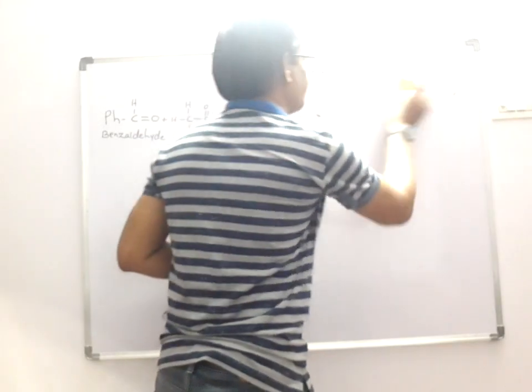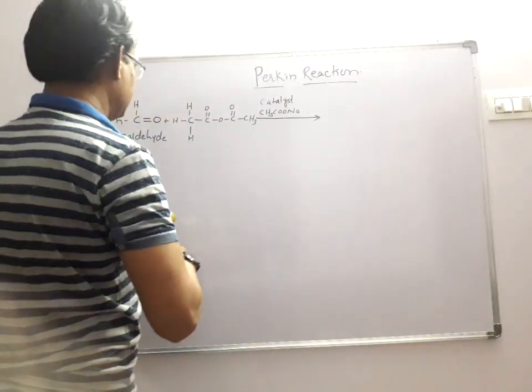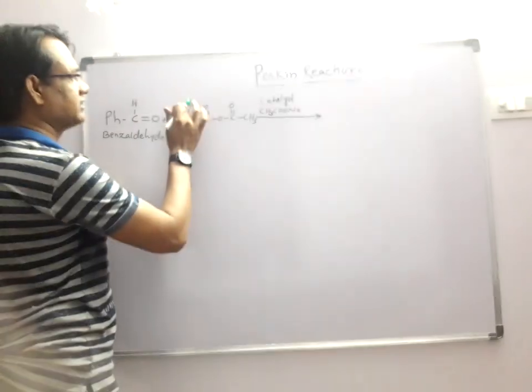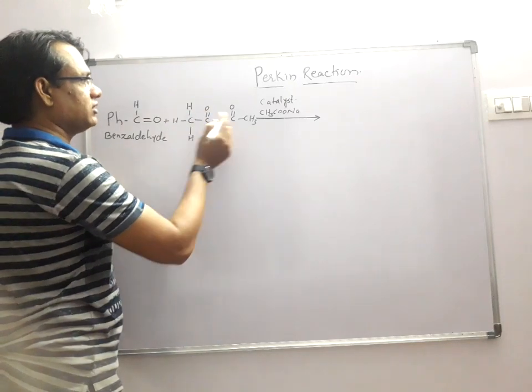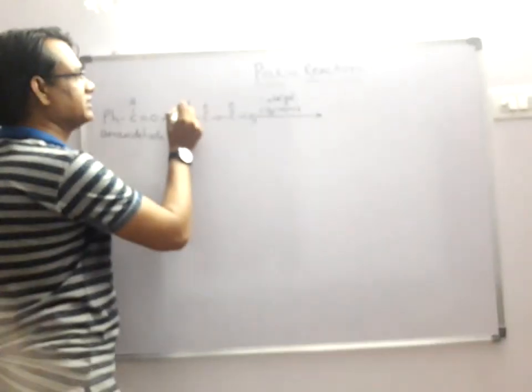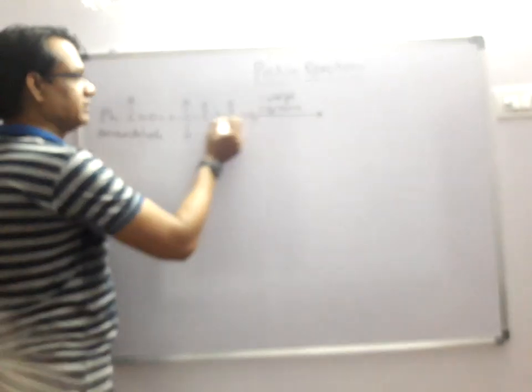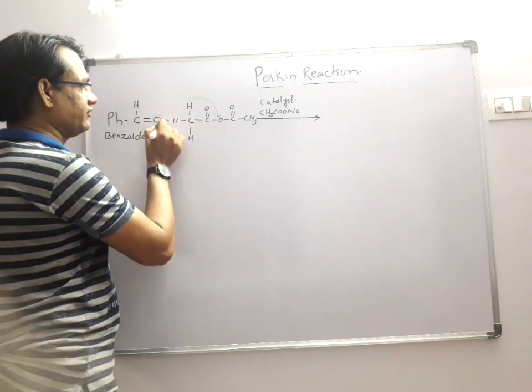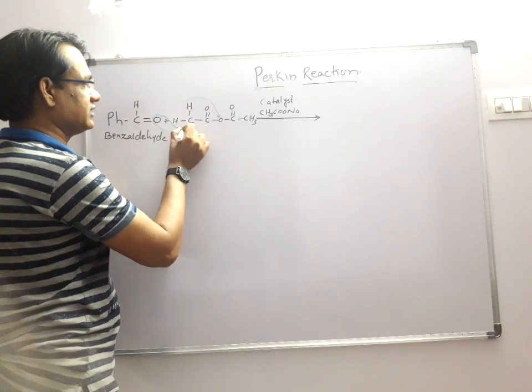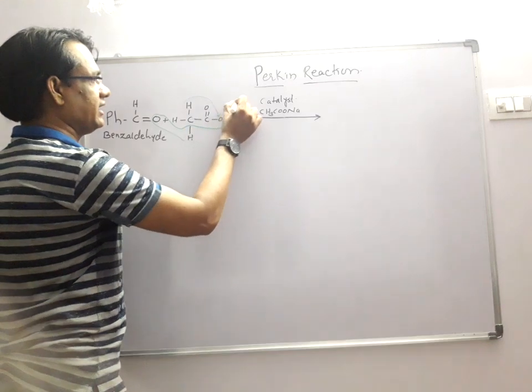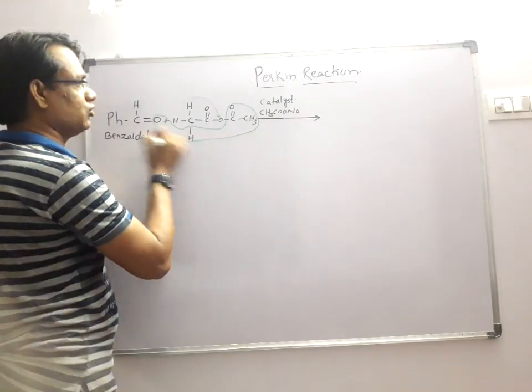So what will happen here? See, these are the 3 alpha hydrogen atoms. So out of these 3 alpha hydrogen atoms, this alpha hydrogen atom moves to this oxygen atom, and this alpha hydrogen atom reacts with this oxygen and this CH3CO.